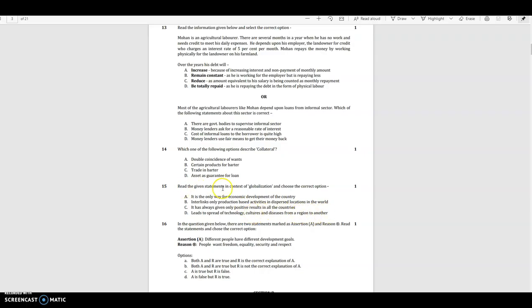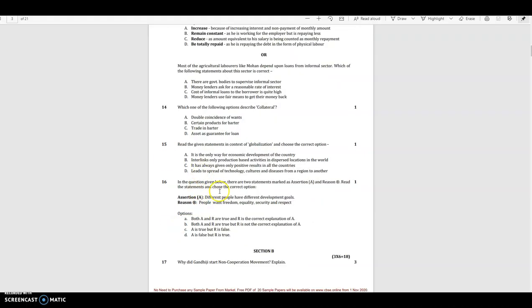The answer is D. It leads to spread of technology, cultures and also diseases from one region to another. So option is D.